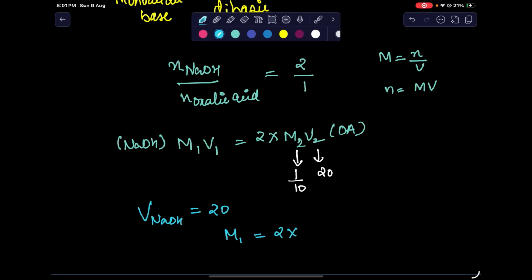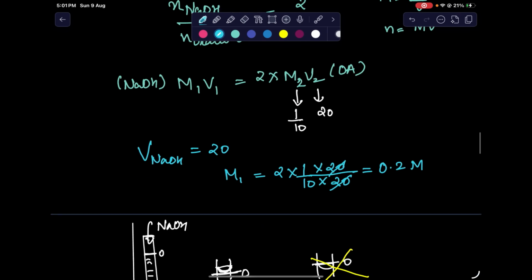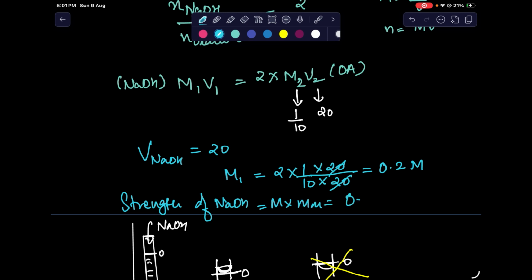M1 is equal to 2 into 1 by 10 into 20 and then divided by 20. So this becomes 0.2. So molarity of NaOH has come 0.2, and strength of NaOH is molarity into molar mass. Molarity is 0.2 and molar mass of NaOH is 40. If you solve it, it becomes 8 gram per liter.